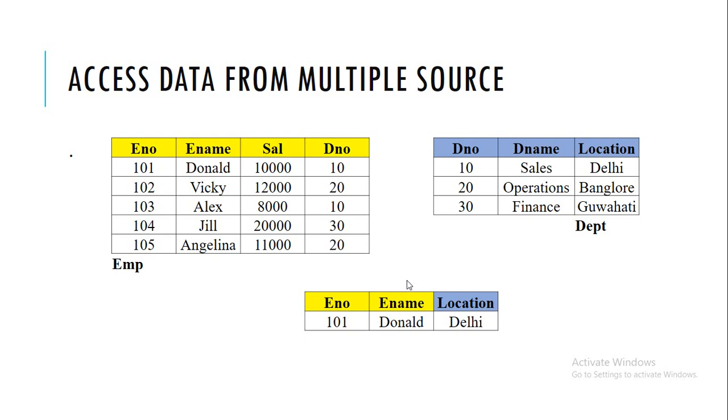Now suppose I want to see the employee number, employee name and location where the employee number is 101. I have to access this data from both tables, in this case employee and department. This is possible by our join.